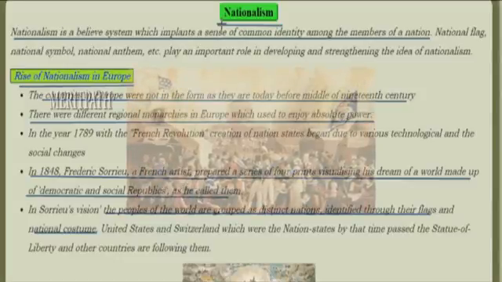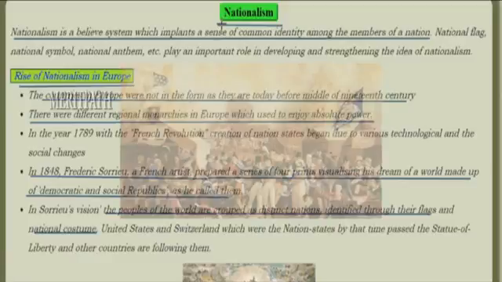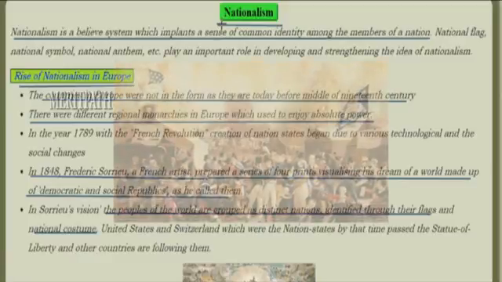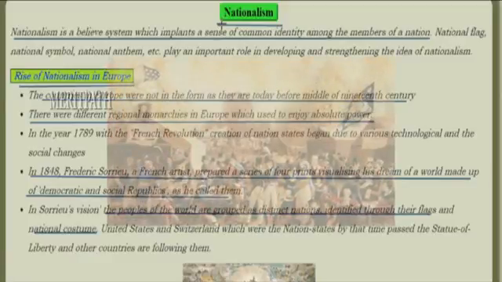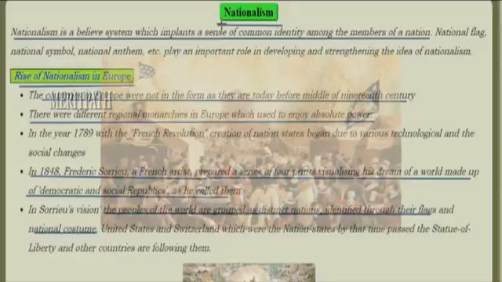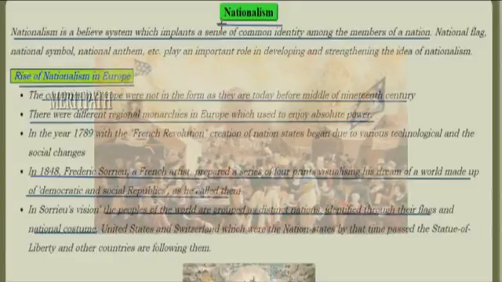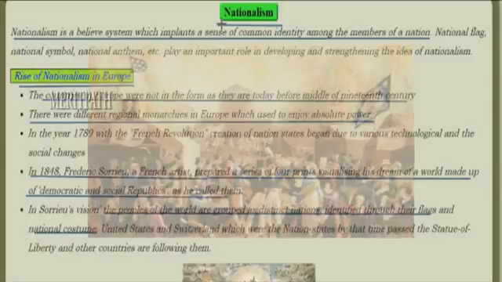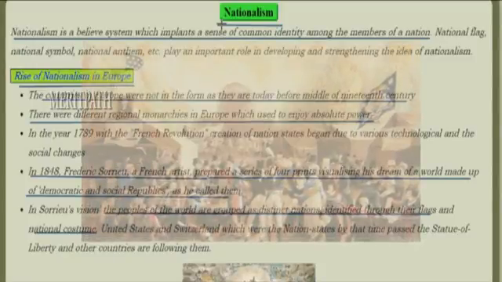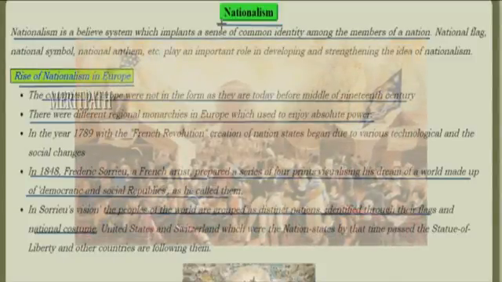In the year 1848, Frédéric Sorrieu, a French artist, prepared a series of 4 prints visualizing his dream of a world made up of democratic and social republics, as he called them.